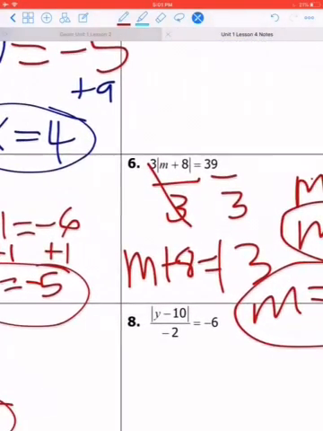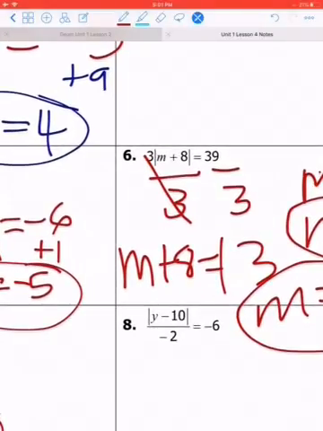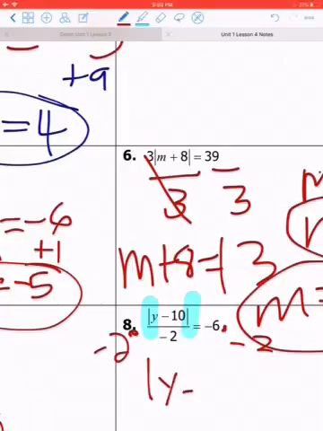Alright, so for example, I'm not going to do this whole thing out, but for example, number 8, you may want to say no solution right away because you see a negative here. However, isolate the absolute value first, and you'll see that it actually does equal a positive 12. Okay, you can solve that if you want.